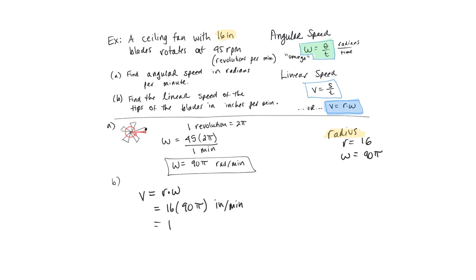Okay, good. So we've got 1,440 pi inches per minute for our linear speed.